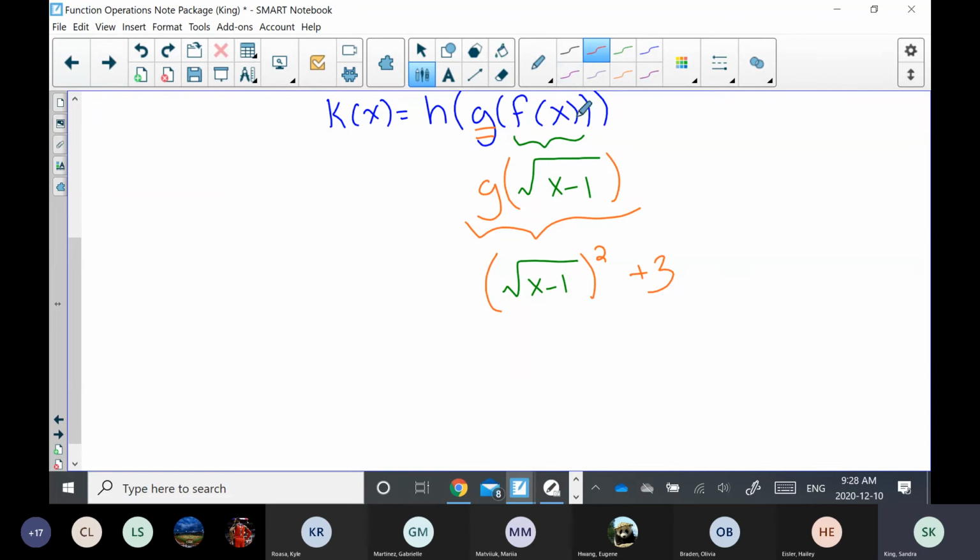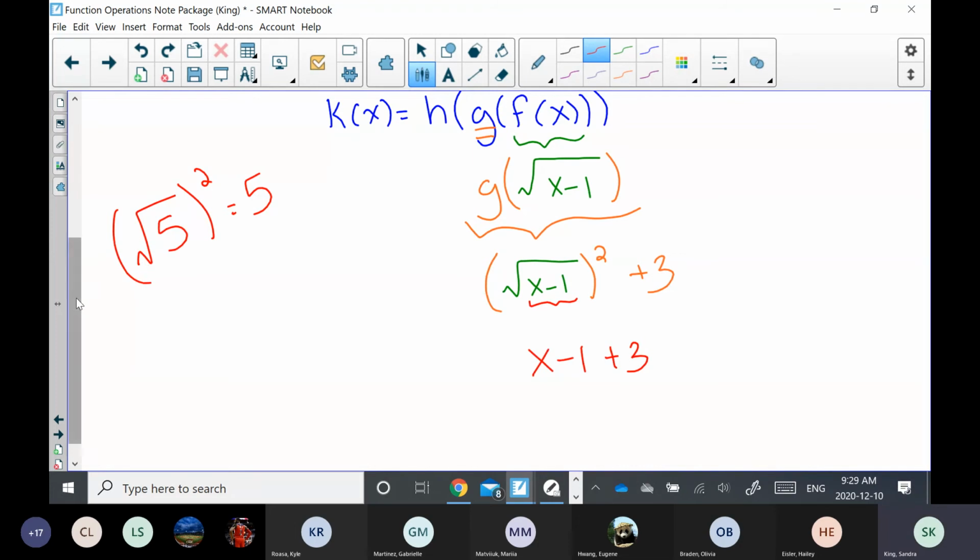Okay, here's how this cleans up. You have the square root, and then we're squaring a square root. If ever you square a square root, so for example, if I gave you the square root of 5, and if I said square that, if you type that into your calculator, the answer is the radicand. So what is the square of a square root? That answer would be x minus 1 plus 3.